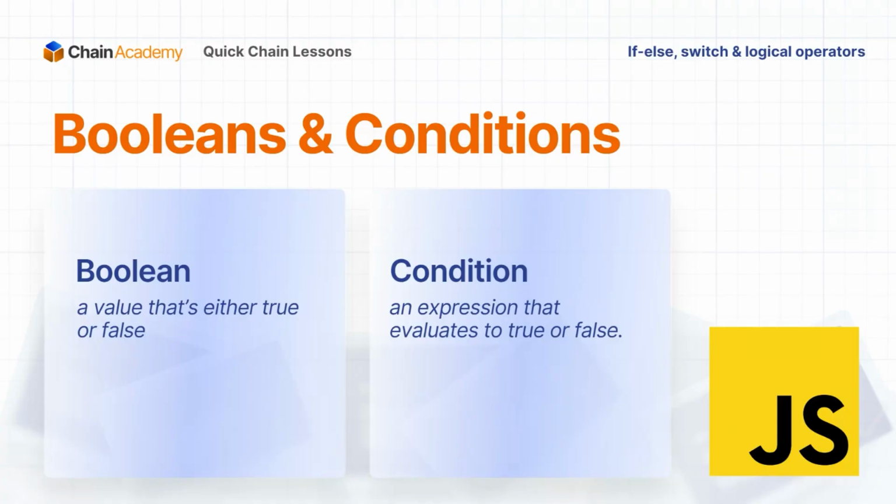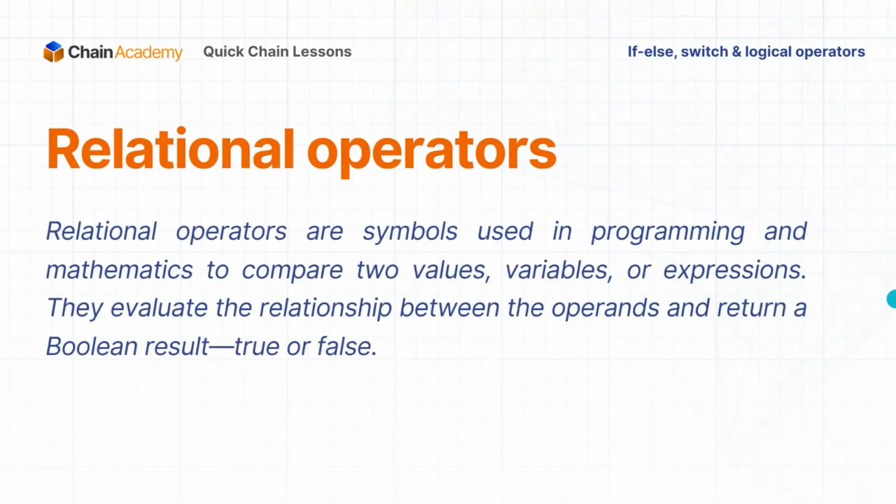Now let's talk about relational operators. Relational operators are symbols we use in programming to compare two values, variables, or expressions. When we make a comparison, JavaScript checks the relationship between two values and returns a Boolean result, which is either true or false.